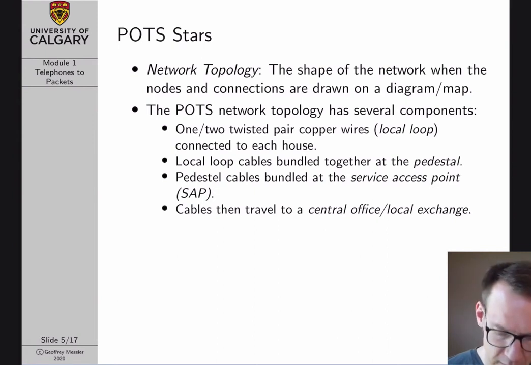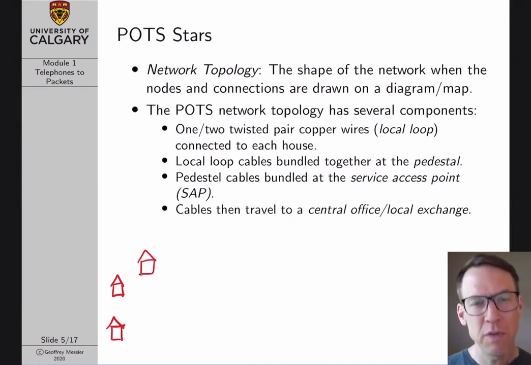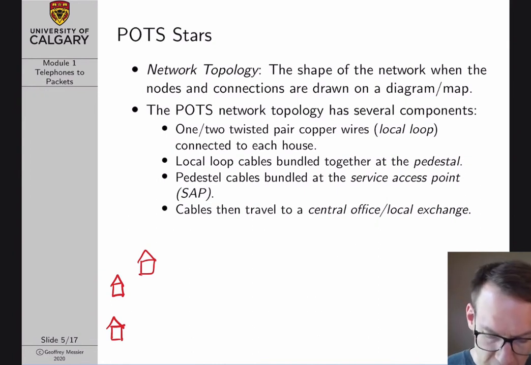So basically we have a series of houses in the neighborhood, and they each have a copper wire connected to them, at least one, sometimes two, and the two copper wires were for people who wanted two telephone numbers, back in the day. All of these local loops are connected to a pedestal.